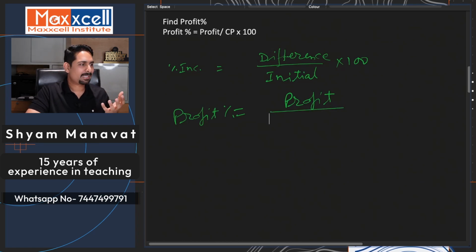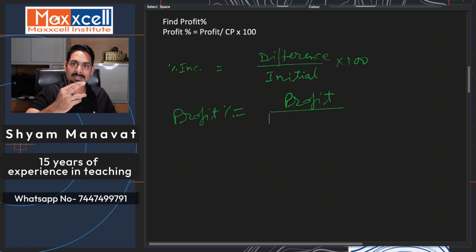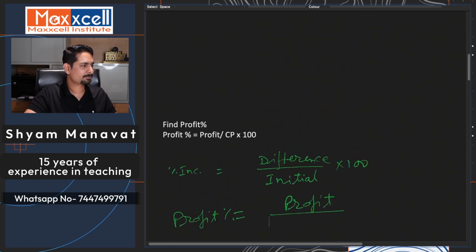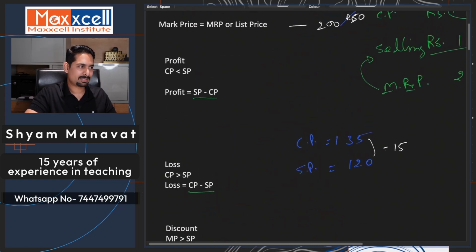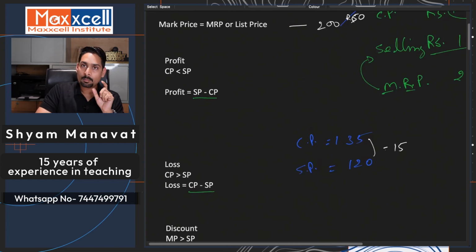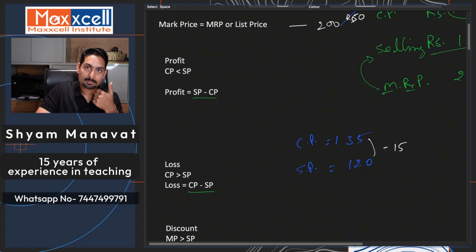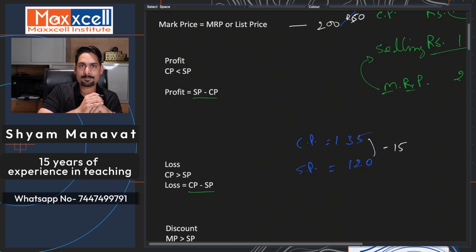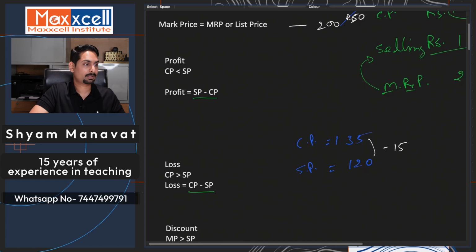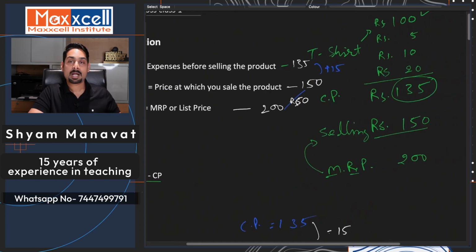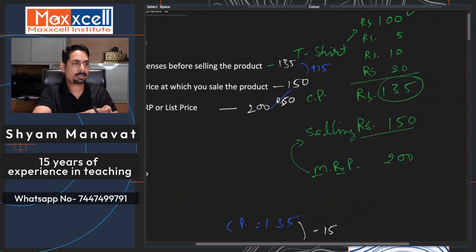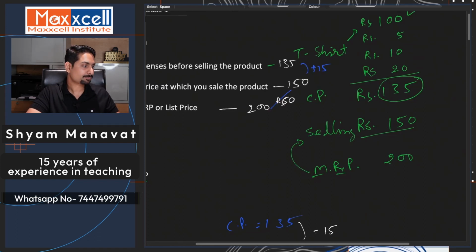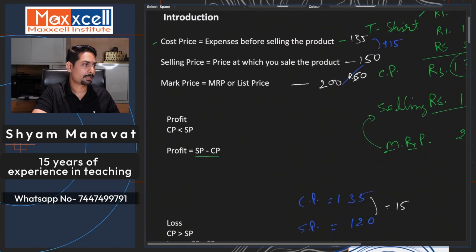In case of profit, the prices involved are selling price and cost price. Which price comes first, cost price or selling price? Absolutely right. Cost price is the first price, because we have seen in the example that first we purchase the product, spend on the product, and then we sell. So cost price comes before, obviously.